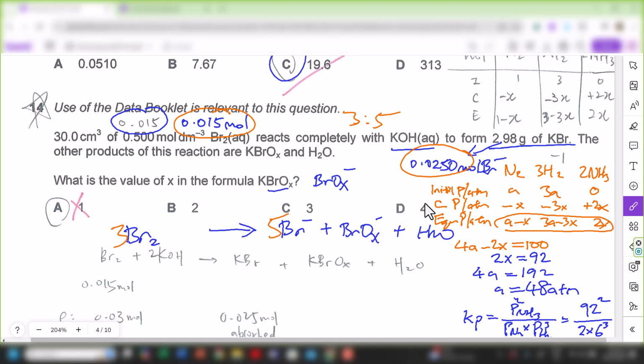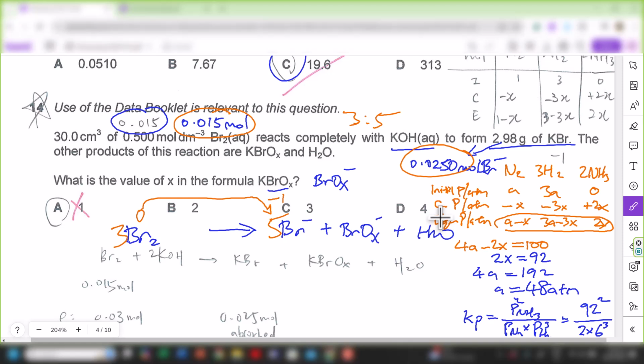You notice that bromine goes from 0 to -1 over here. That means that the bromine gains 1 electron. You just think of it this way. I know it's in terms of Br2, but I'm just going to use a very simplistic layman term.